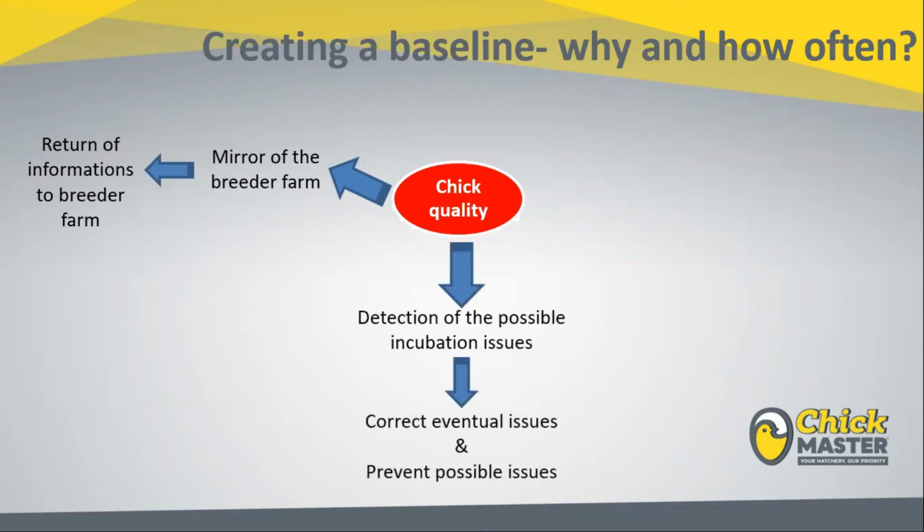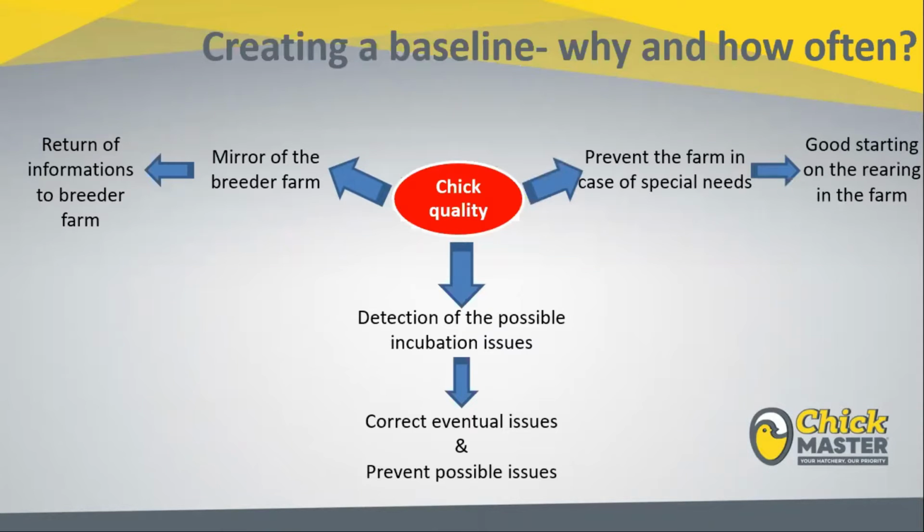Also, the monitoring of the chick quality helps the detection of possible issues with the goal to correct or to prevent them. If we have a regular monitoring of the chick quality, that is, of course, recorded, and we see that we have some deviation in this chick quality, we can take our measures before having a serious impact on our production.